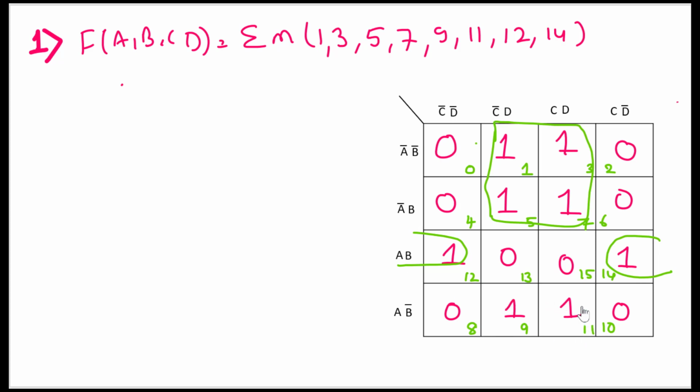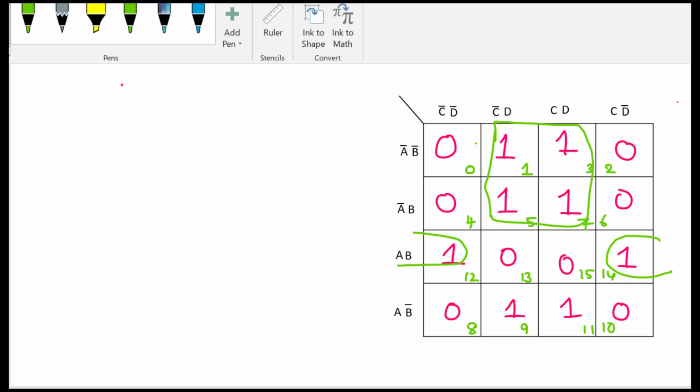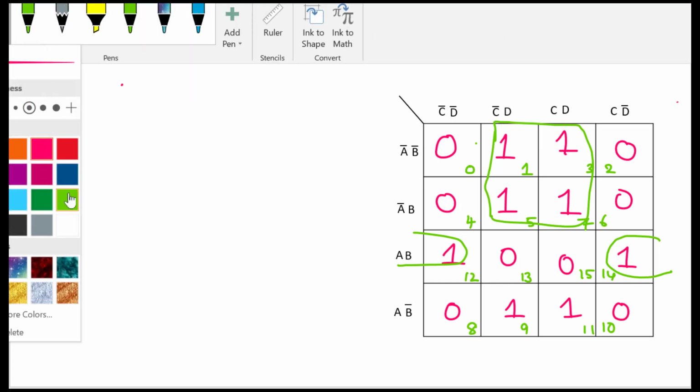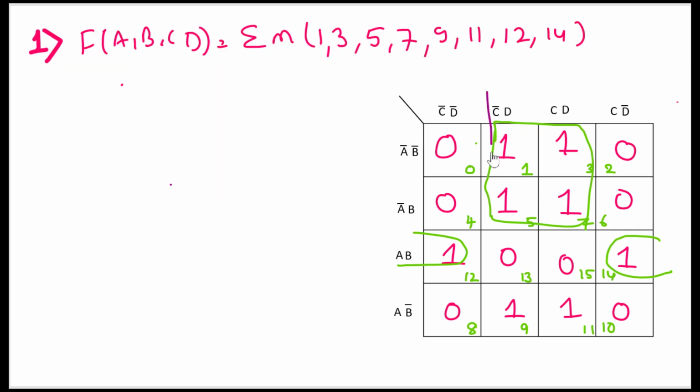Instead of making a pair, make it a quad by taking these two ones also this side. So what we can do is we can make these two and these two as a quad. Okay, so now we are having two quads and one pair.